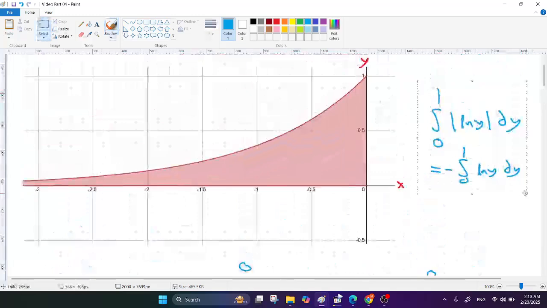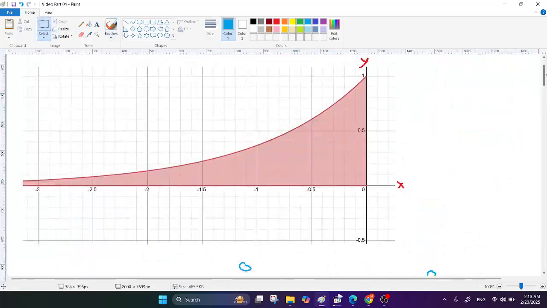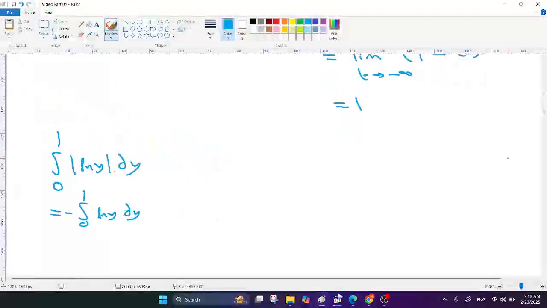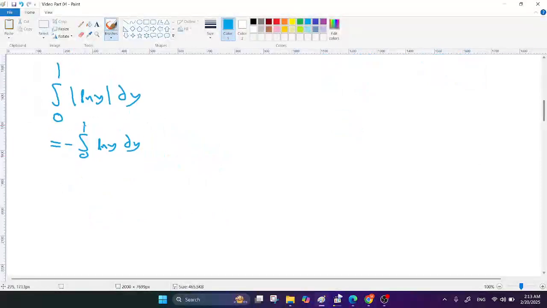Now the other way. The other way is not hard, but the solution is longer. Let's see here. How to solve this nice integral? You should remember that we have a problem here at 0.